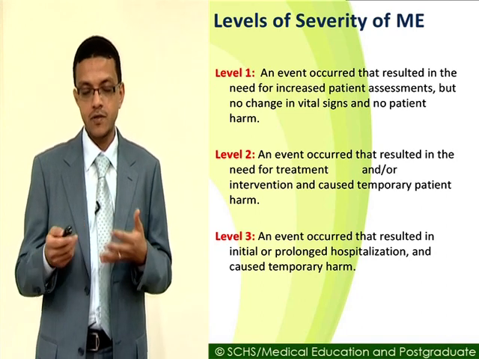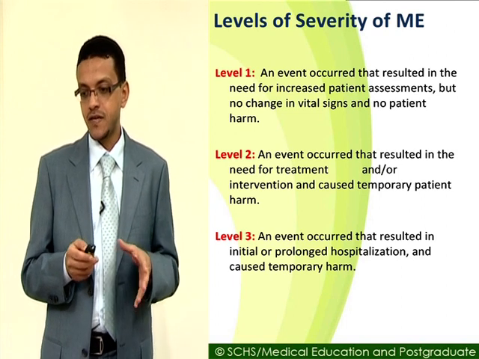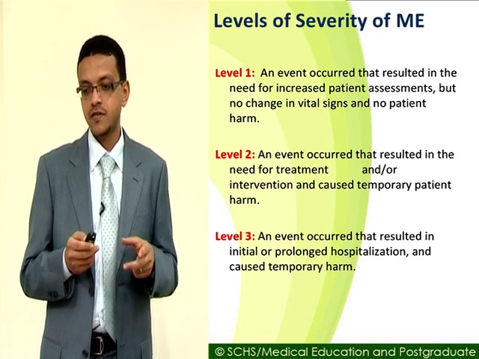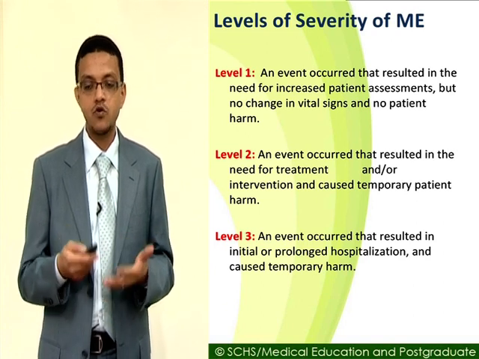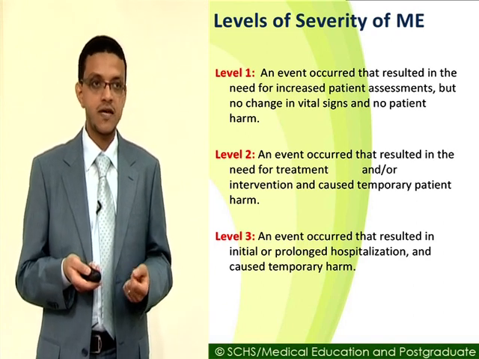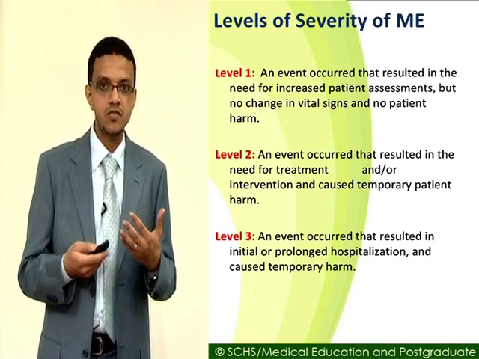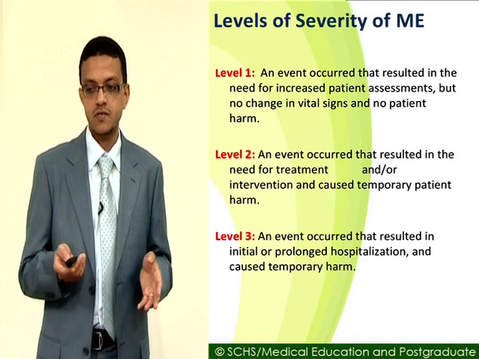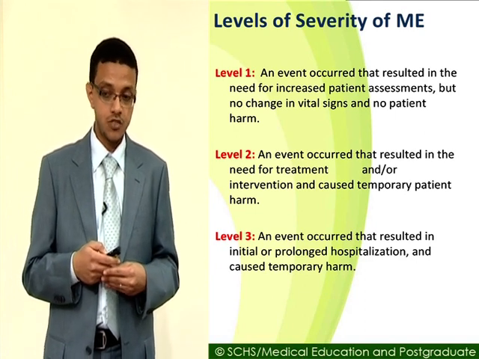So the medical error has levels. There is more than one classification, but I will talk about one of them. Level 1 is an event that occurred and resulted in the need of increased patient assessment, but no change in vital signs and no patient harm. That's to say that what you did only made the patient need further assessment, but it did not cause any harm. It's not even notifiable by the patient.